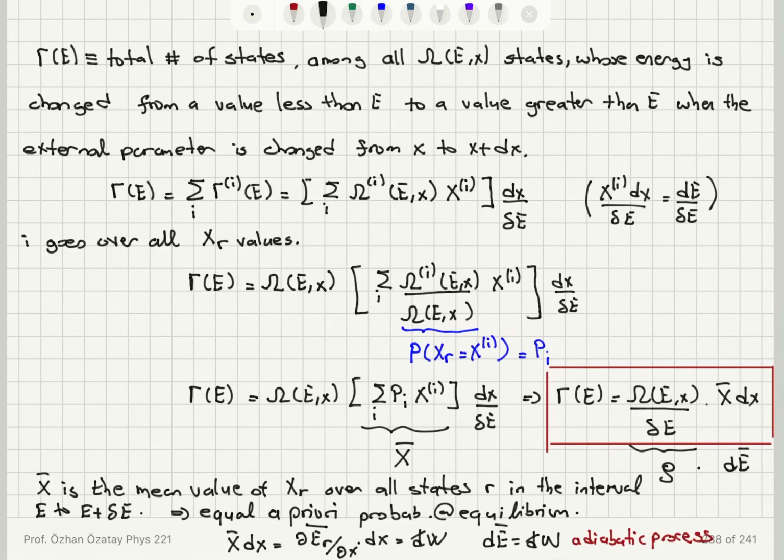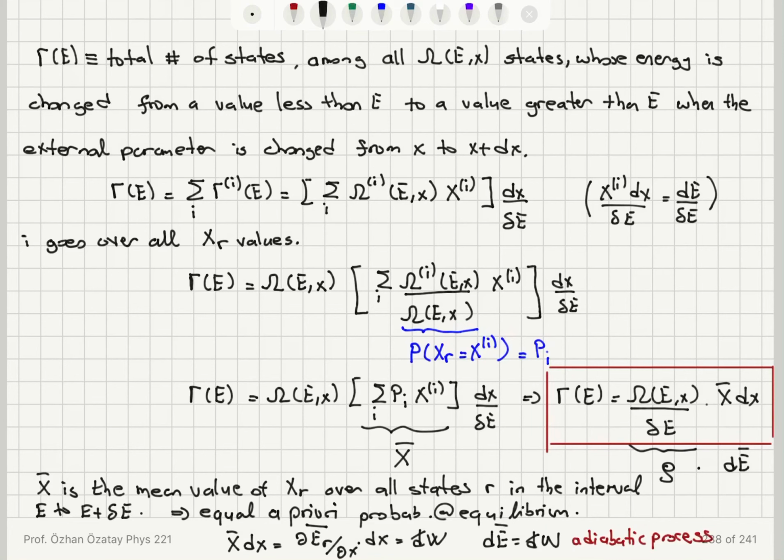Because the i index summation affects only omega i and xi, I have grouped them together, and I have multiplied the top and bottom with the total number of accessible states omega of E for energies E to E plus delta E when the external parameter has a value x, and I find that I'm looking at the probability of having xr a value xi. So probability multiplied by the value summed over all possible values gives me the mean value.